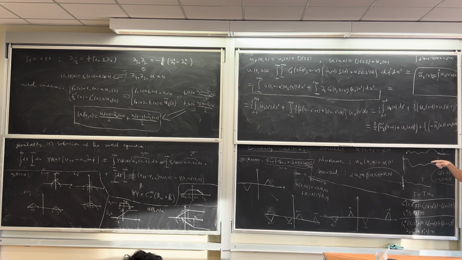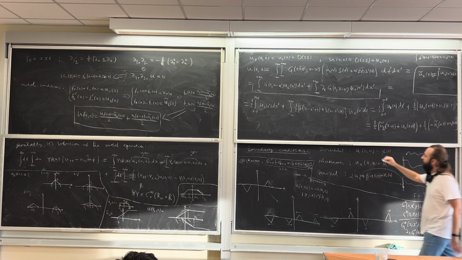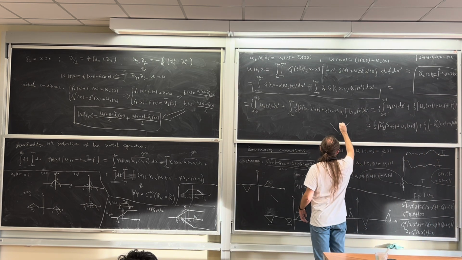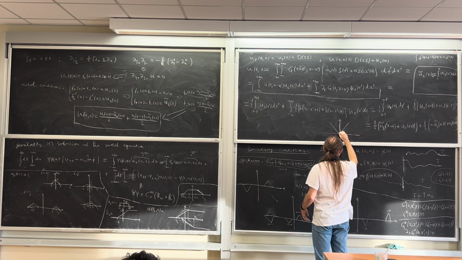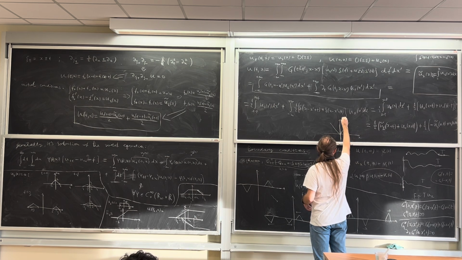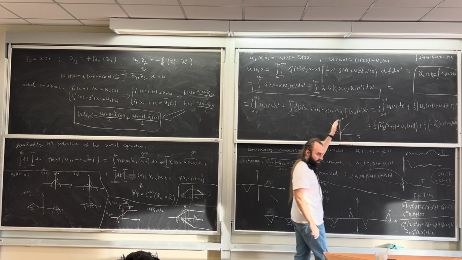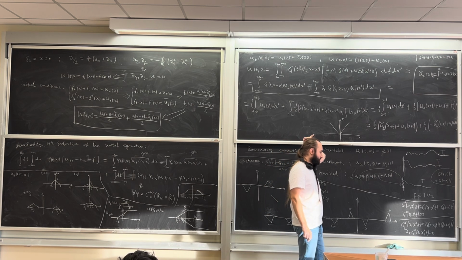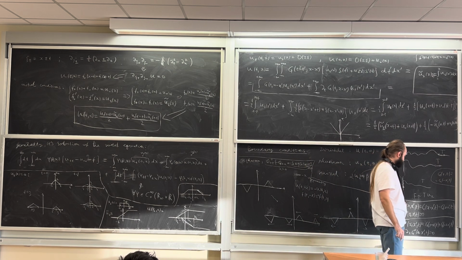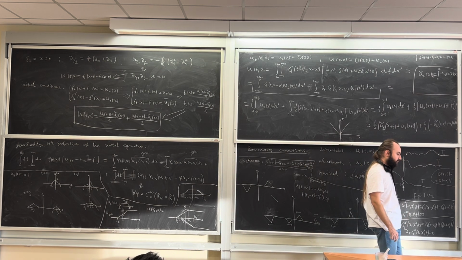So that picture somewhere, like it was given by this plot, x and t. So it was symmetric, and its derivative is anti-symmetric. It's like the x derivative. So this one also vanishes.